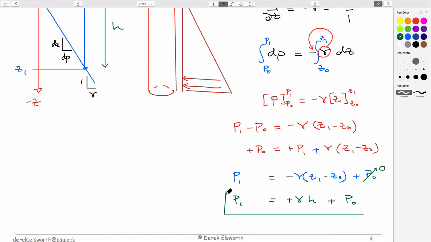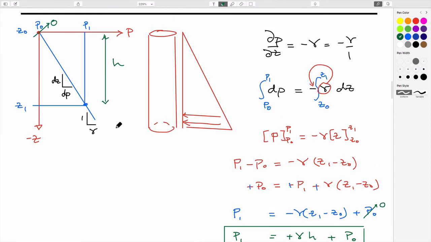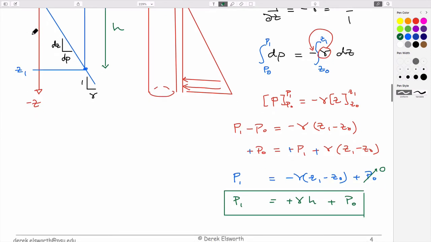So you just have to be mindful of the sign convention, the fact that Z1 minus Z0 is negative because Z1 is a more negative number, because our positive Z is in the upwards direction. That's always the convention for us: X, Y, and Z. So you can always use that. So this is for an incompressible fluid.